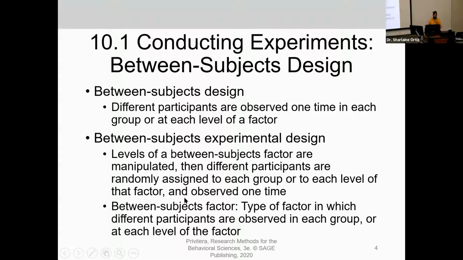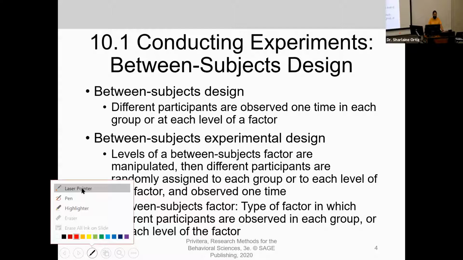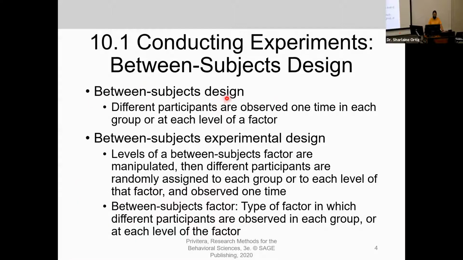Now, one of the things that we must do is first define what between subject design means. What we're trying to do is manipulate the levels of a between subjects factor.